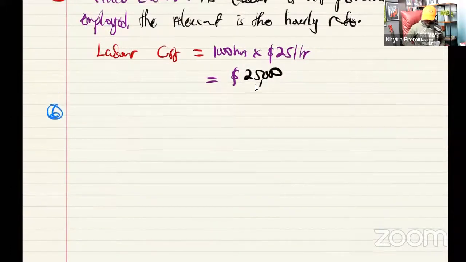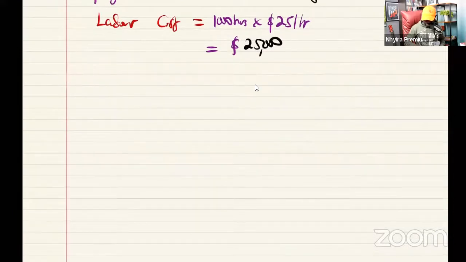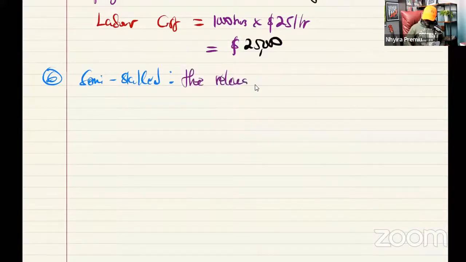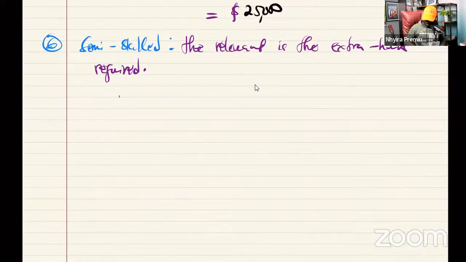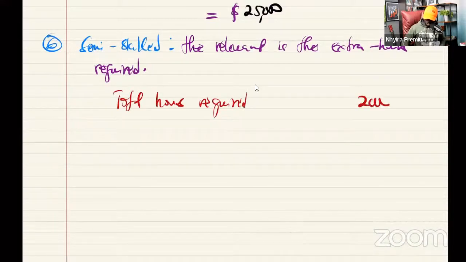Note 6, semi-skilled. The relevant cost is the extra hours required. So I'm going to put it this way. Total hours required: we need 2,000.